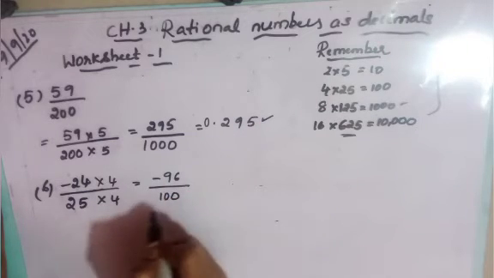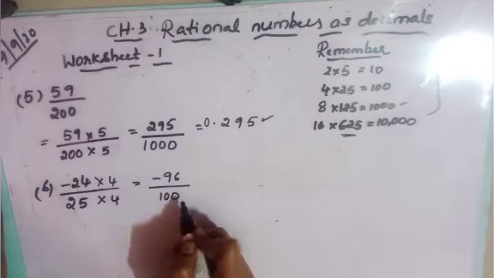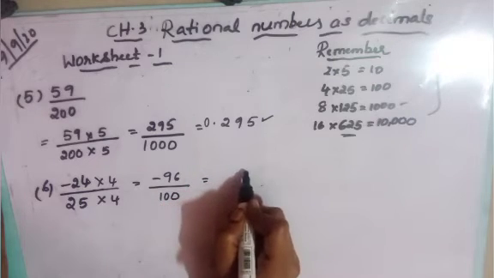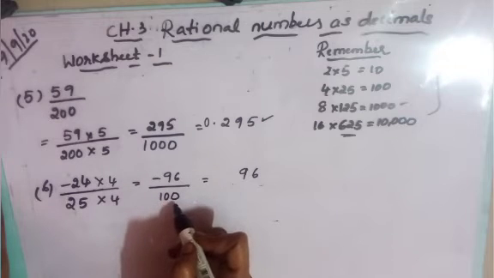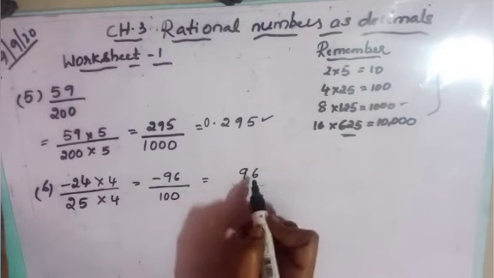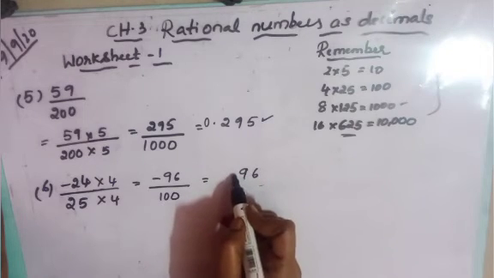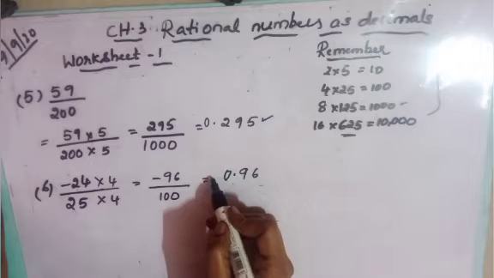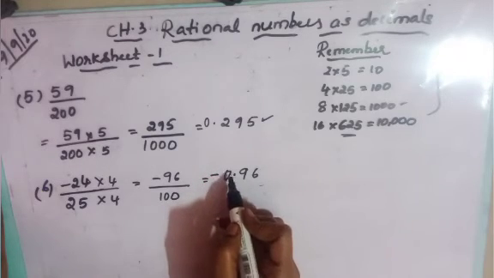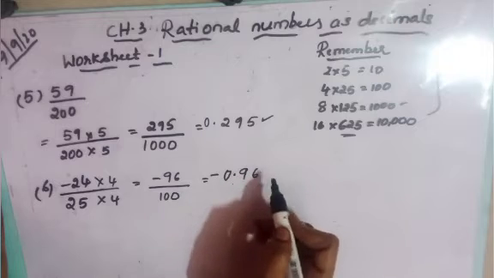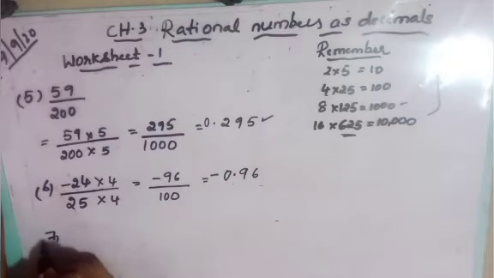So we have converted the denominator into a power of 10, and the numerator is 96. Write 96 as it is. Now, how many zeros do we have in the denominator? 2 zeros. So 2 digits after the point, and there are already 2 digits. So point, then 0, then minus. So minus 0.96.